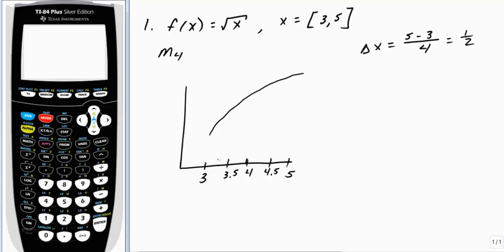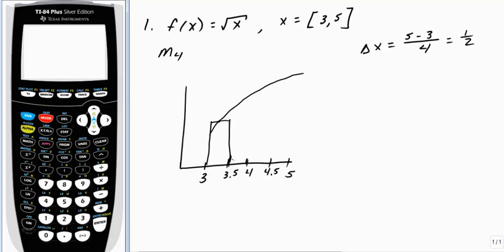Well, that would be whatever the height is at 3.25. So I would say, look at where f of 3.25 is, approximately right there, and then construct your first rectangle from x equals 3 to x equals 3.5. Sorry, that's not the neatest, but I think you get the idea.